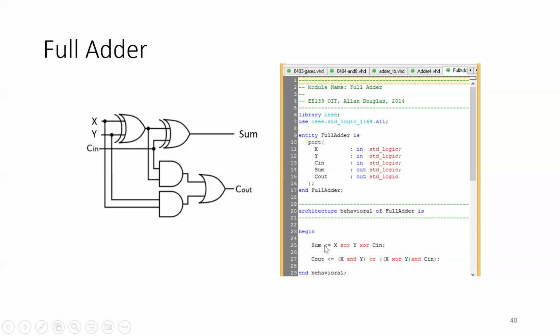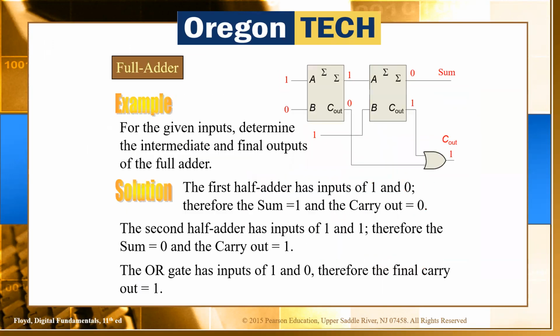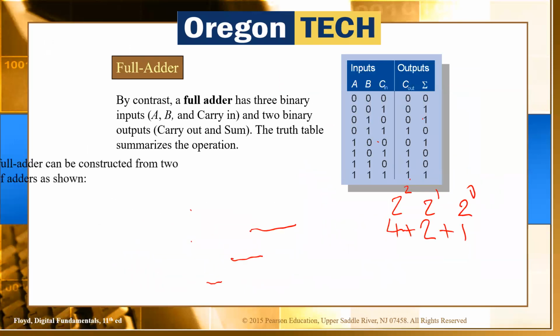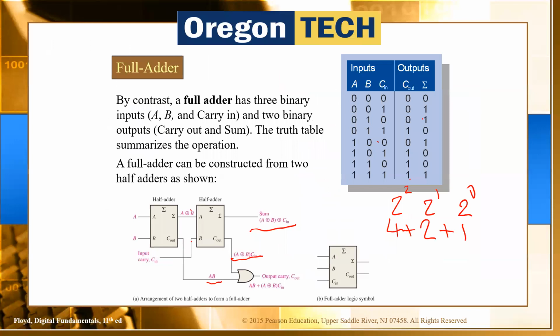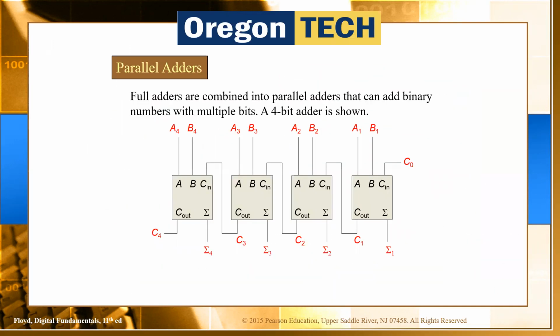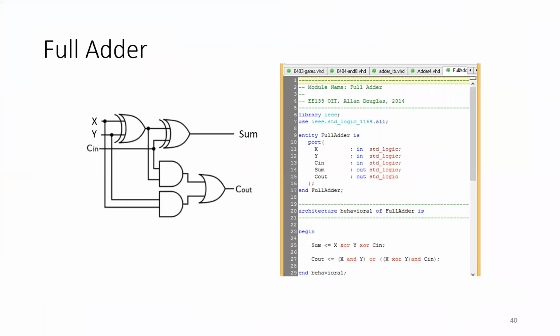What is sum? Sum of full adder, it is A exclusive or B and exclusive or Cn. And this is sum. I wrote it here.